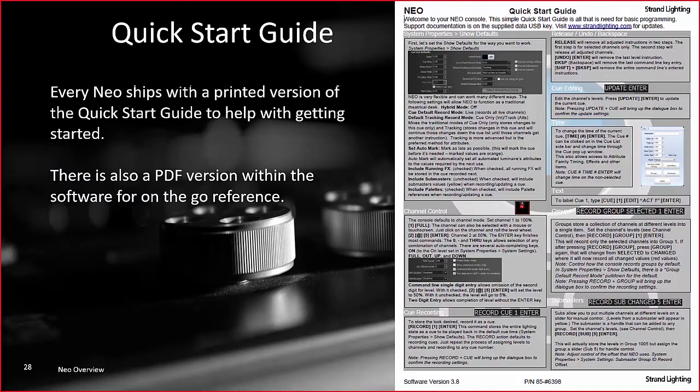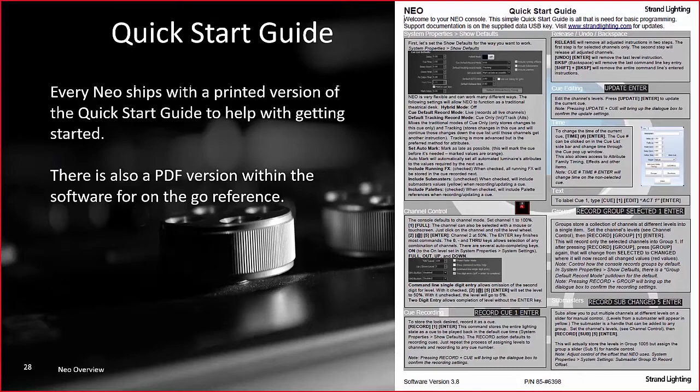Then every NEO console comes with a quick start guide. There's a printed version that comes in the box. There's also an electronic version under options in the bottom left hand corner of your main monitor, and under manuals and documentation. This is just a 2-page document.